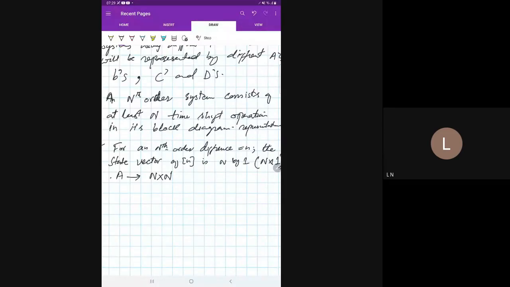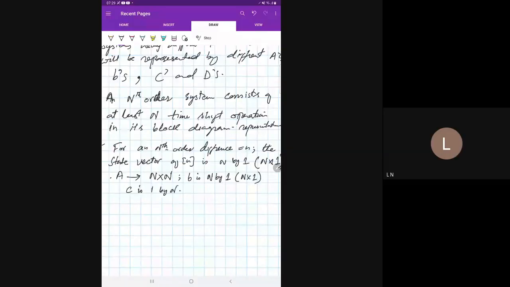That will always be true. Similarly, vector B is also n by 1. And C is always 1 by n.